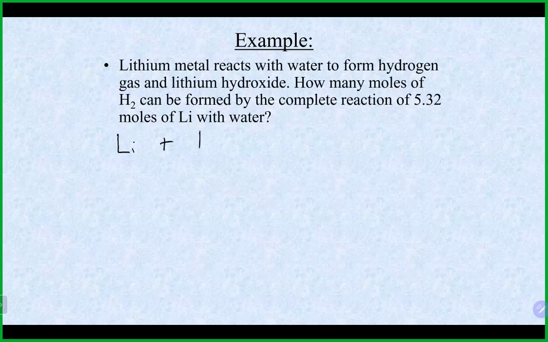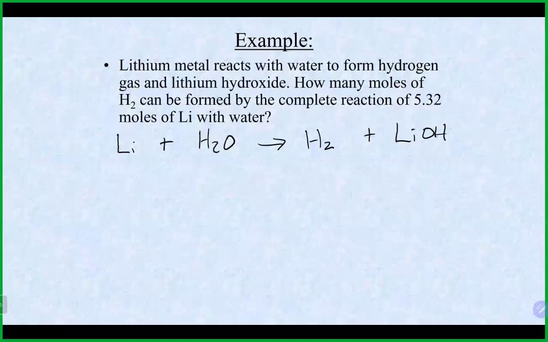Reacts with water, which I hope you know is H2O. Forms hydrogen gas, right? Hydrogen gas is H2, yes. And lithium hydroxide, LiOH. Lithium is +1, hydroxide is -1. And that is the unbalanced equation. So I'll let you pick it up from that point.